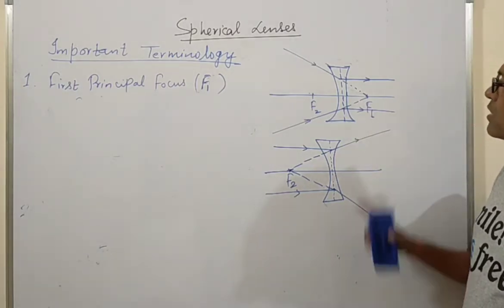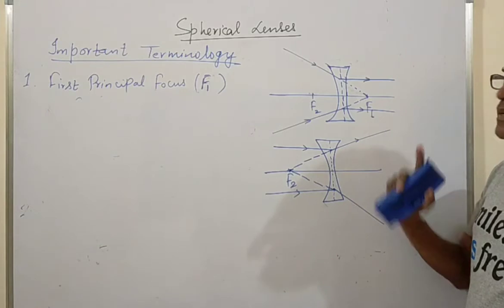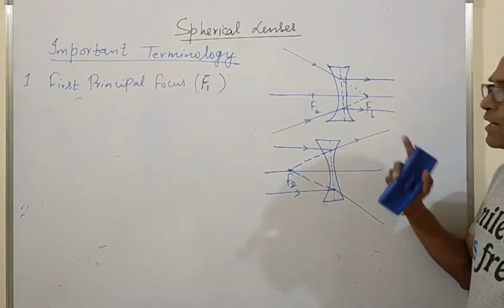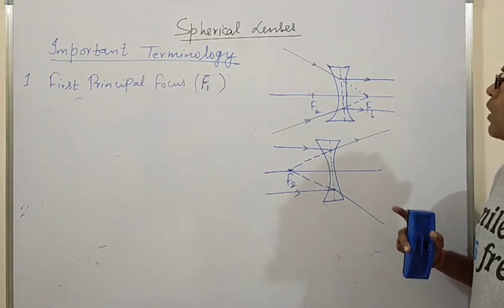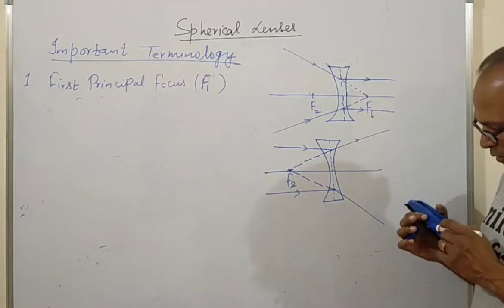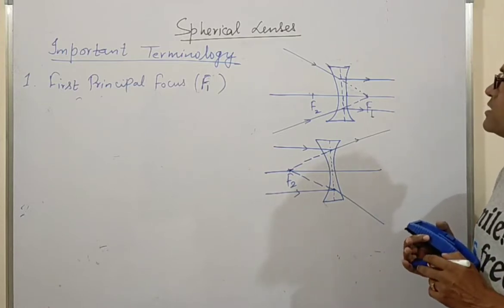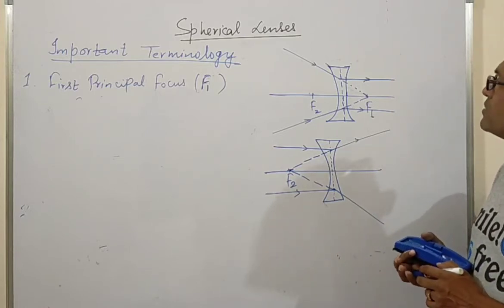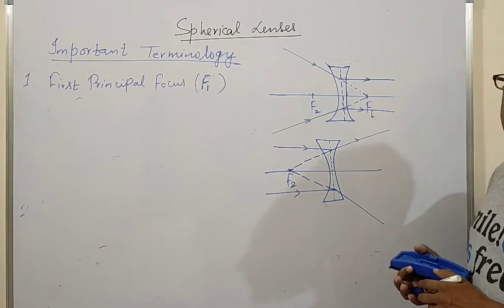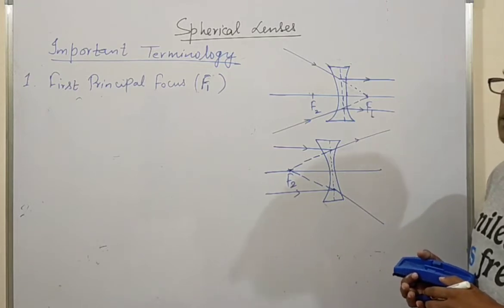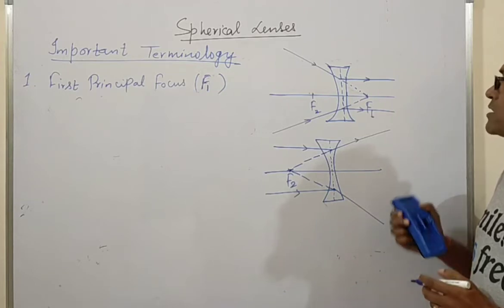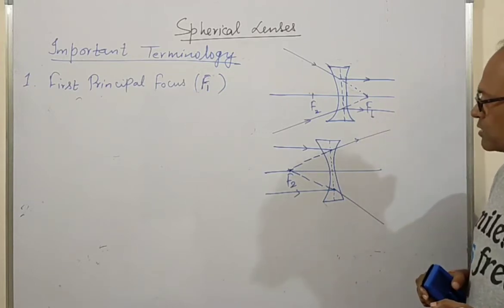Okay, so for a concave lens, first principal focus is that point on the principal axis where if a ray of light is incident and it becomes parallel to the principal axis after refraction, then that point is called first principal focus.